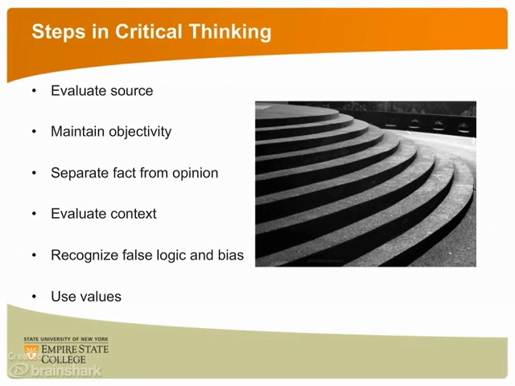You also want to evaluate the context of your material. An additional step in critical thinking is to recognize false logic and bias, but this really falls under the umbrella of evaluating the context. The final step is to use your core values and common sense to make your final decision. We will now look at each of these steps more in depth.